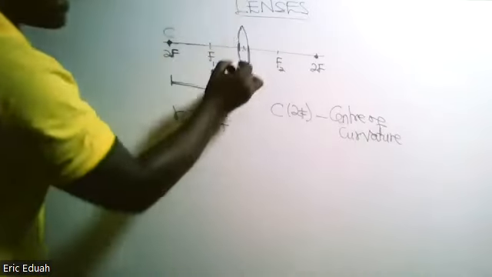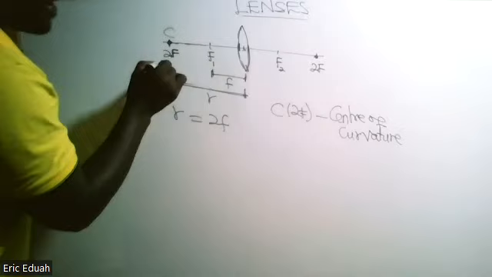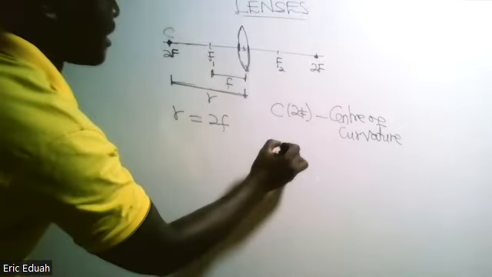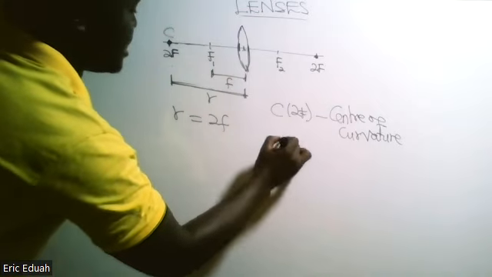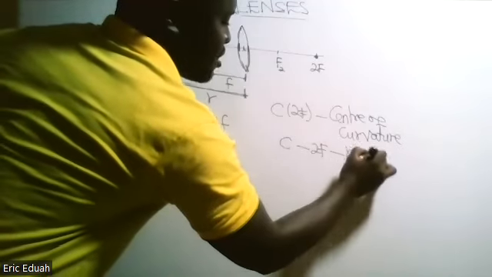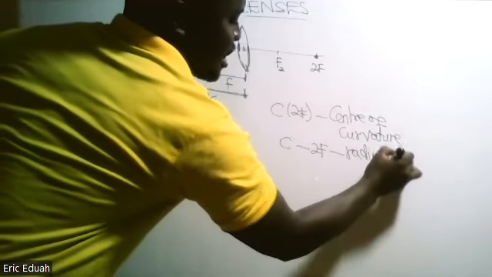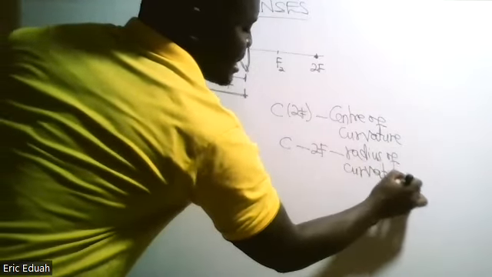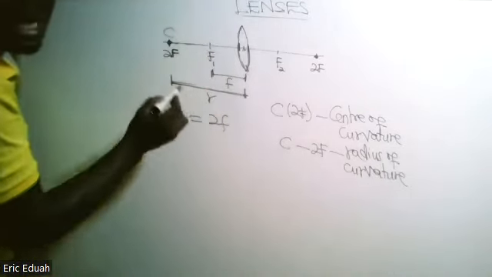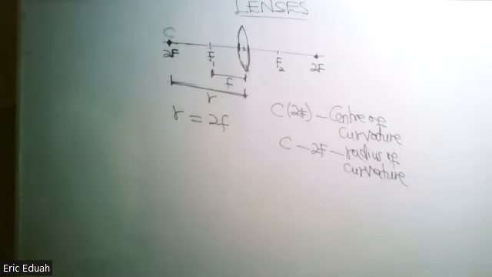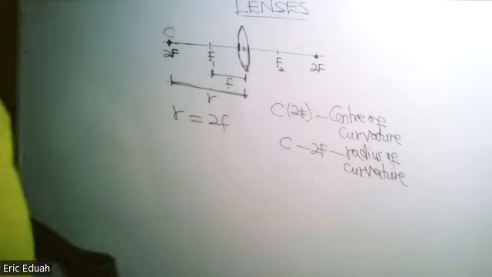The distance from the center of the lens to where C or 2F is, this distance, C to 2F, is called the radius of curvature, which we are representing by small letter R. Are we fine? Yes, please. Good.